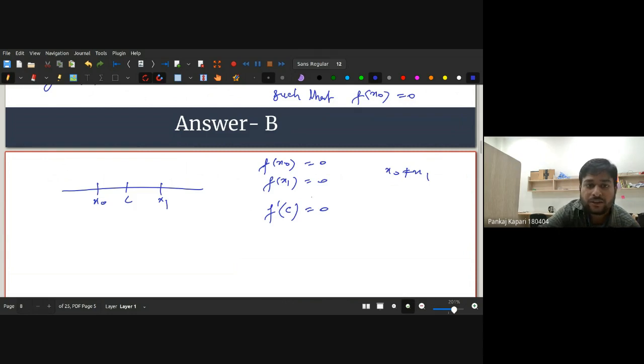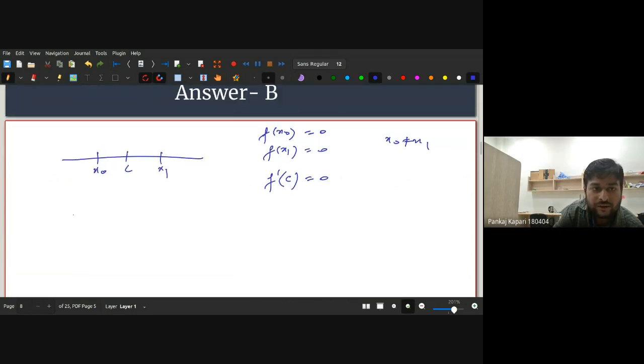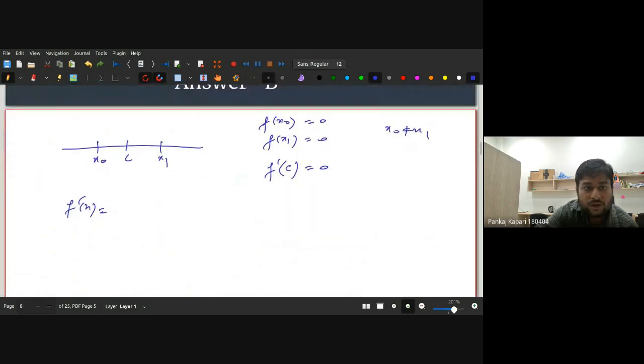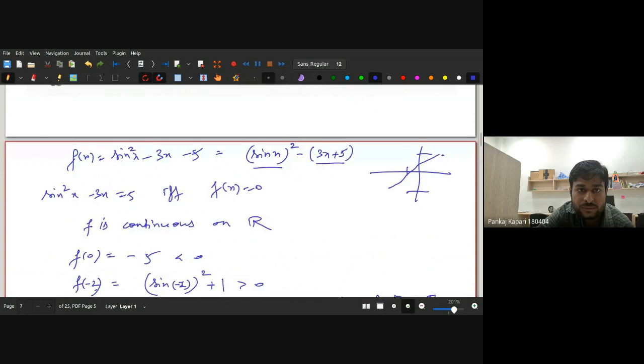So let's find the derivative of our function f prime. The derivative is 2 sin x cos x minus 3.